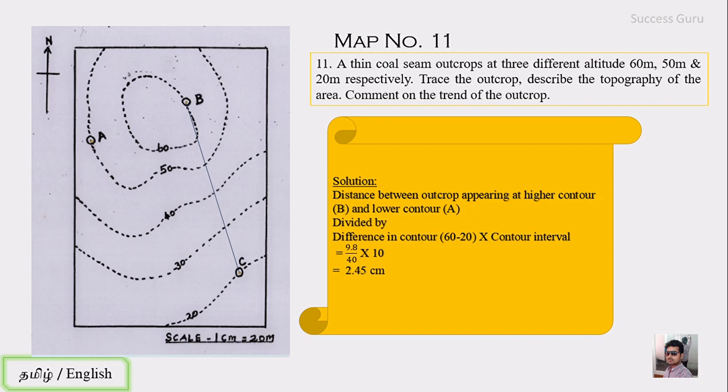So we place the points at 2.45 centimeters along B to C. You will have 1 here, 2 here, 3, then the fourth one will be here. If this is 60, then this will be 50, then 40, then 30, and 20 is here. So we have a different set of values here, but we have the same 50 value on this side also.